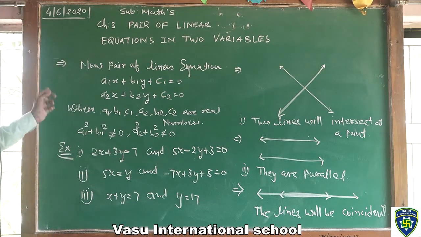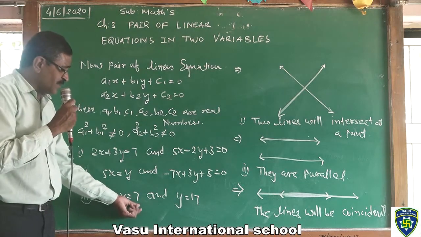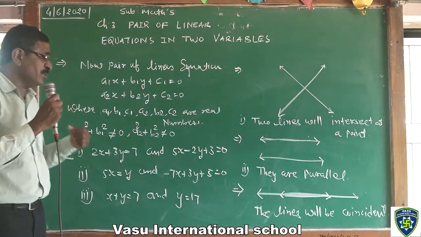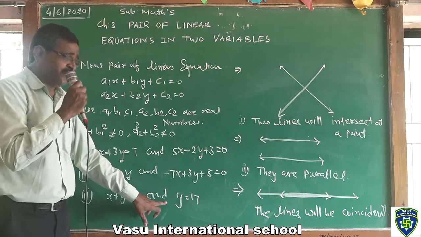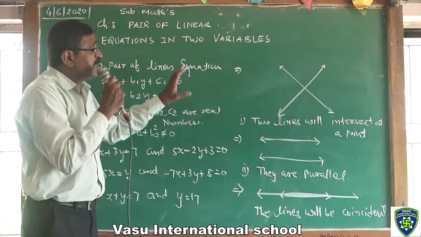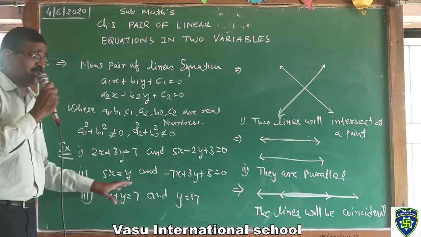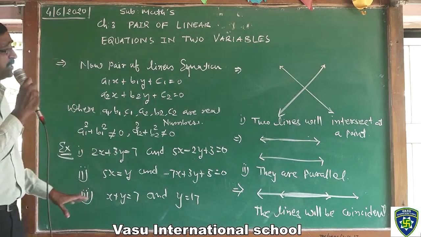Clear, student? Similarly, another example: x plus y equals 7 and y equals 17. Here the variable x is not present. Clear? This also is a pair of linear equations.